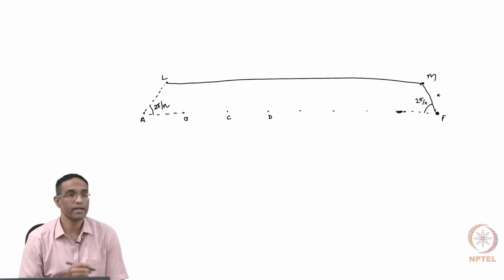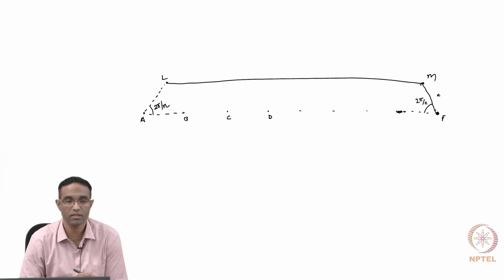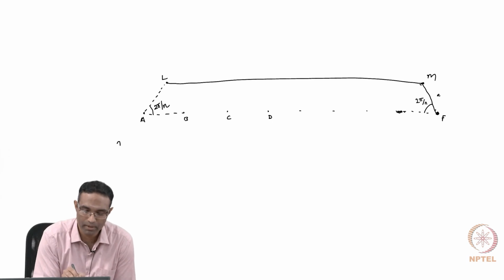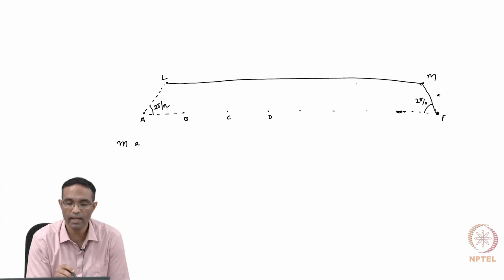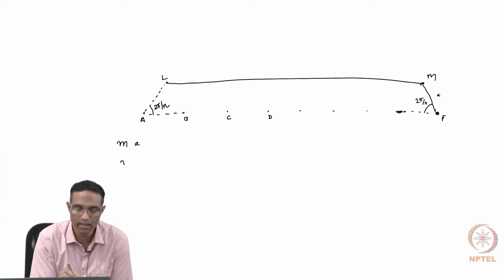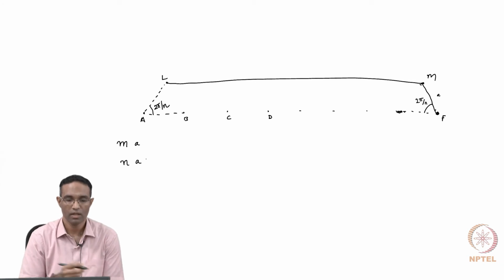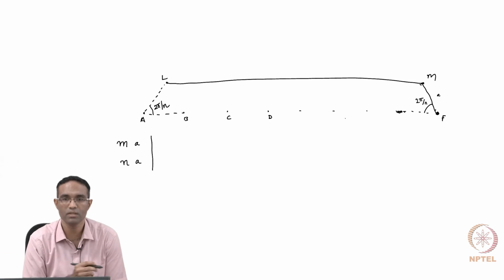From the example that we just saw in the previous for the hexagonal lattice, A to F is probably some m times A, where m is an integer, and Lm is probably some n times A, where n is another integer. Let us now try to calculate the distance Lm from the distance AF.